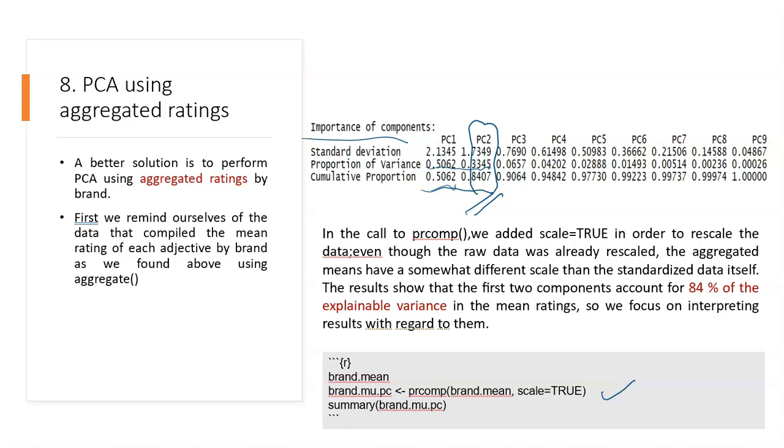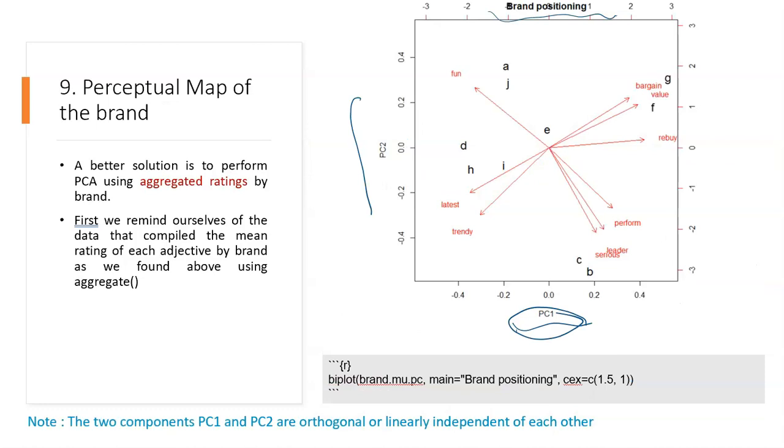Had it been low, we could have gone for PC3, and we could have plotted PC3 with PC1 and PC2 with PC3, and could have arrived at two perceptual maps.